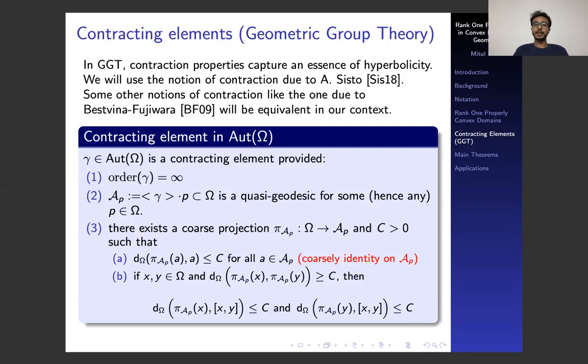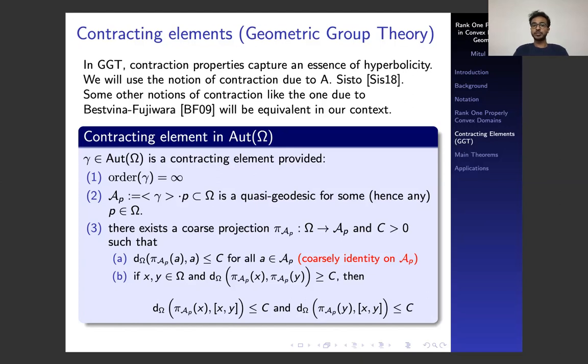And three, there is a coarse projection pi_{A_p} that maps omega to A_p, and there is a constant C positive so that the conditions 3A and 3B are satisfied. Condition 3A basically says that the coarse projection map pi_{A_p} is coarsely identity on the set A_p.